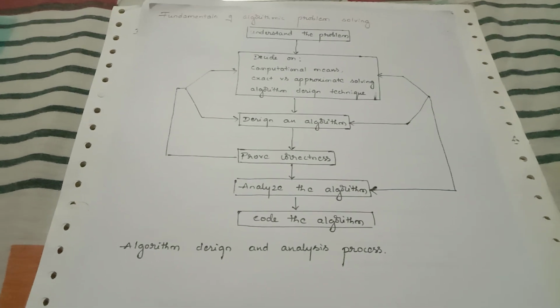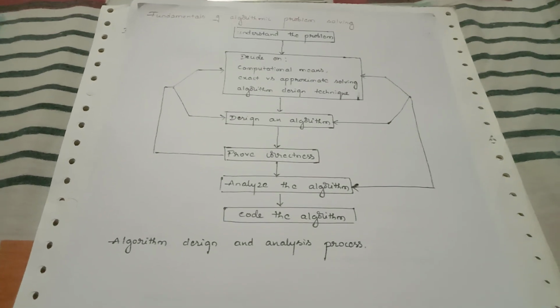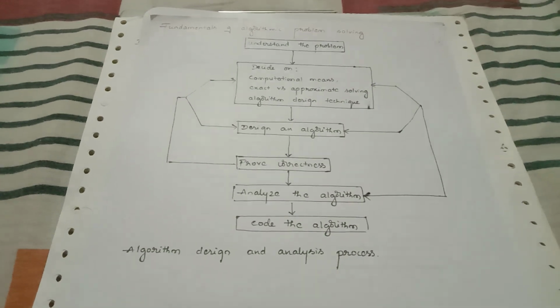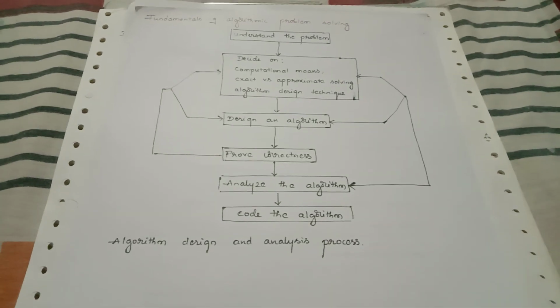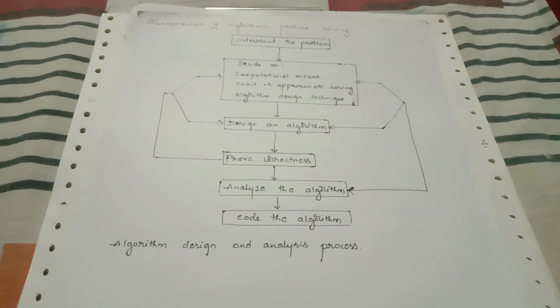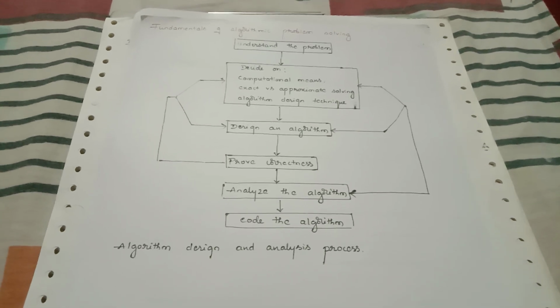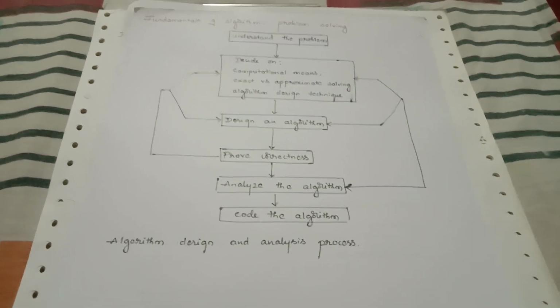If your algorithm gives the exact value, we call it an exact algorithm. Otherwise, if you get an approximate value, your algorithm is called an approximation algorithm. Why do we need to opt for an approximation algorithm?